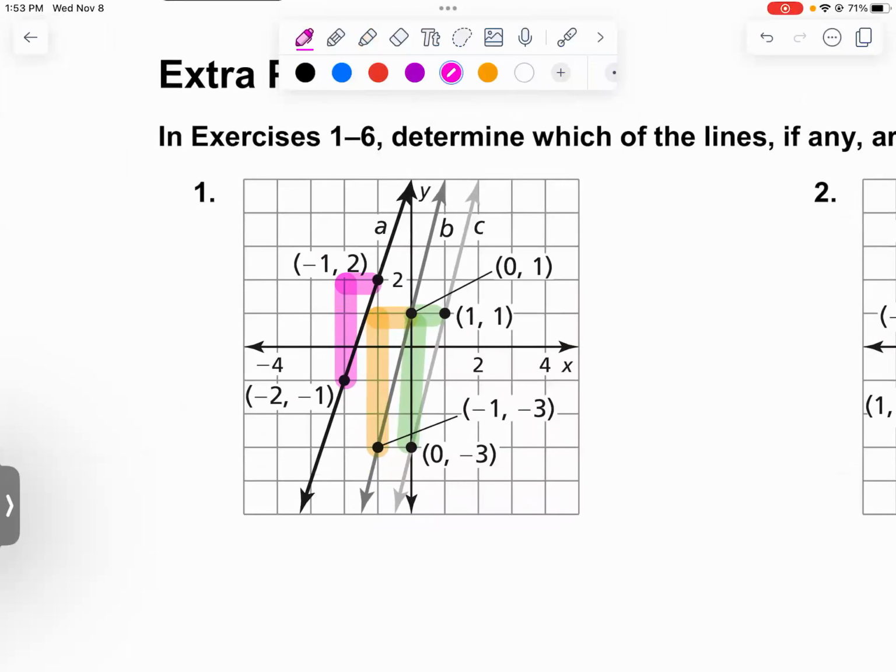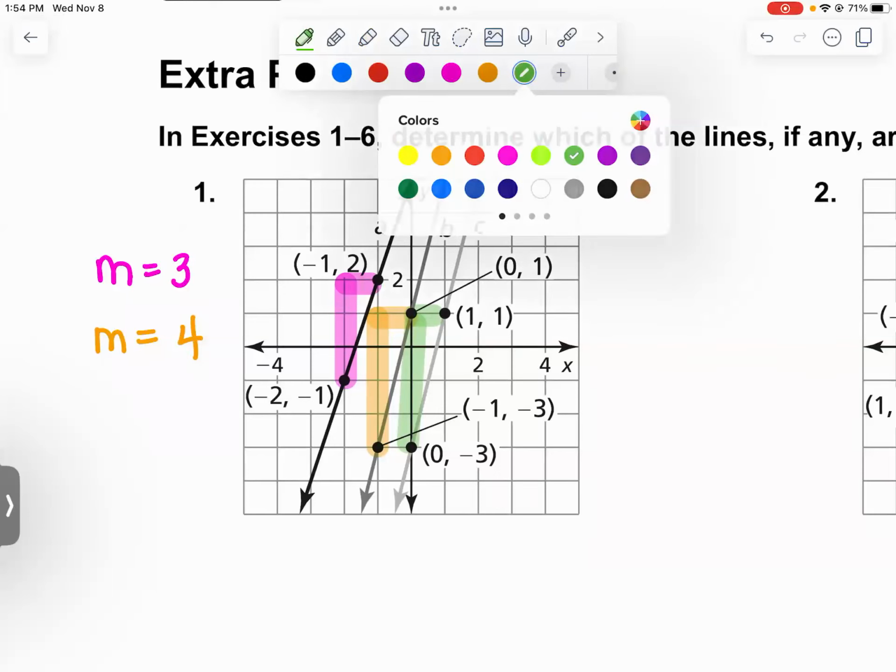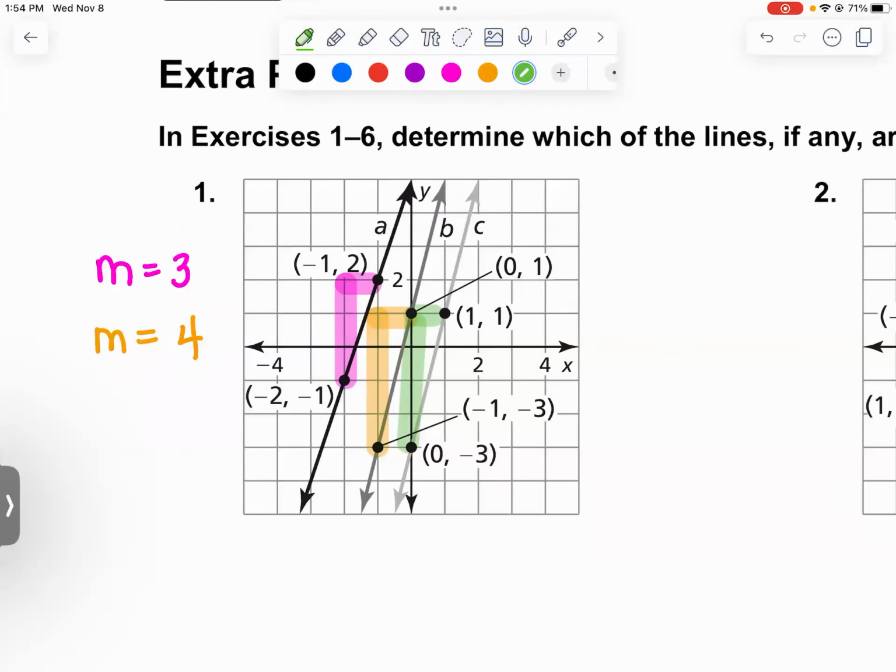Aaron, what's the slope of line A? 3/1. Okay, do you agree with Kyron, 3/1? Okay. Reese, what about the orange line, line B? 4. Okay. And then what about our green line? Drew, what's our slope? Okay. So do we have any slopes that are the same? Yeah.